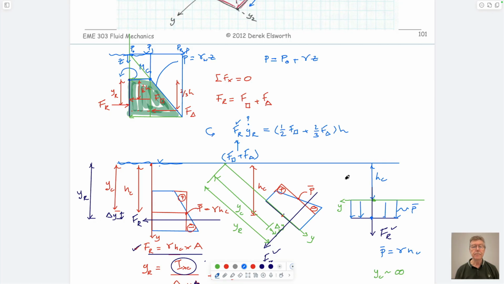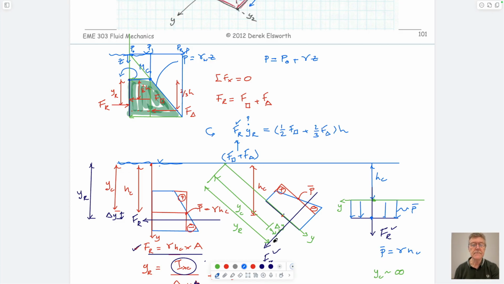Okay. In all other cases, the center of pressure will always be below the centroid by some amount, delta y, always below. And I guess it will be maximally below when the plate is vertical, and progressively it'll creep up towards the centroid when it's horizontal, kind of shown here.